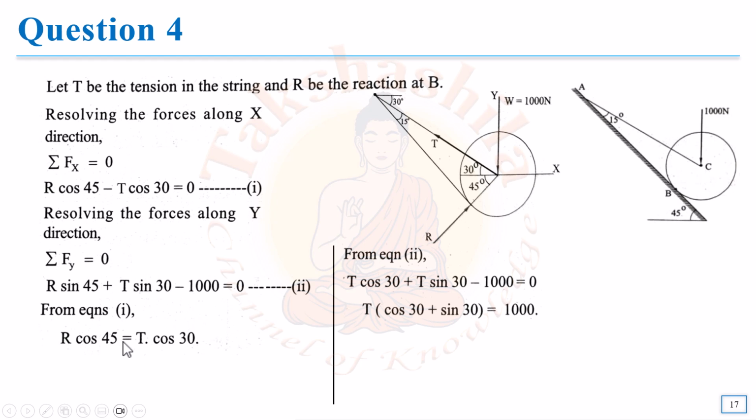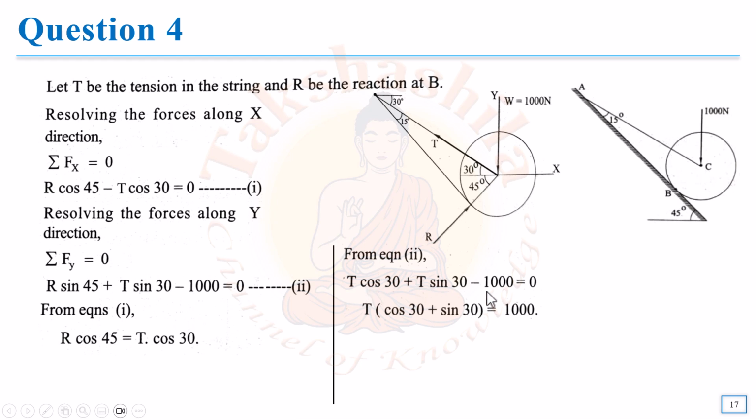If R sin 45 is equal to T cos 30, why don't we substitute that here? We have a term R sin 45 in equation 2, so instead of R sin 45, I will put T cos 30. So what will I get? The remaining will be T cos 30 plus T sin 30 minus 1000 is equal to 0. What is the advantage of writing like this?